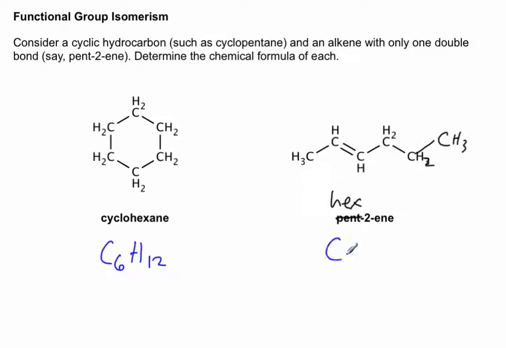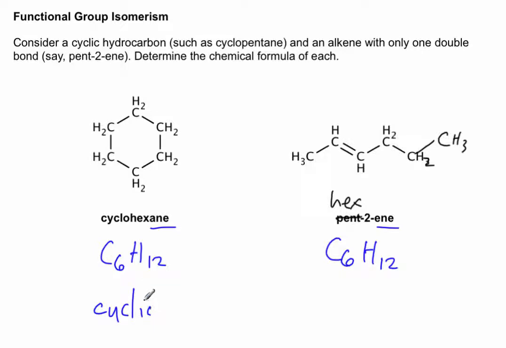So 6 carbons. H 3, 4, 5, 6, 7, 8, 9, 12. C6H12. So cyclohexane and hex-2-ene are isomers because they have the same chemical formula and they are clearly structurally quite different. So that's a good one to remember.